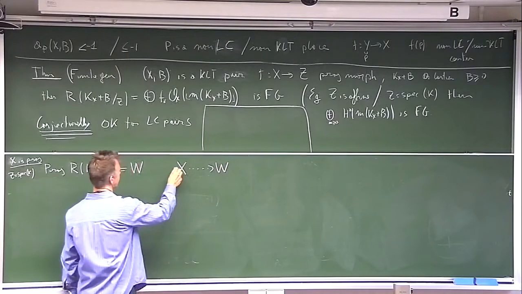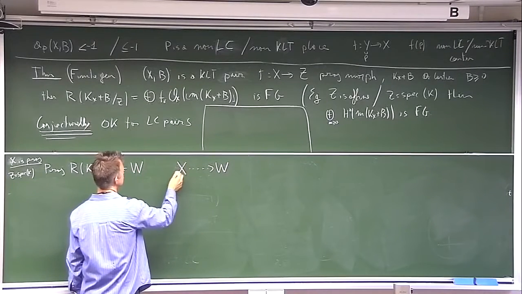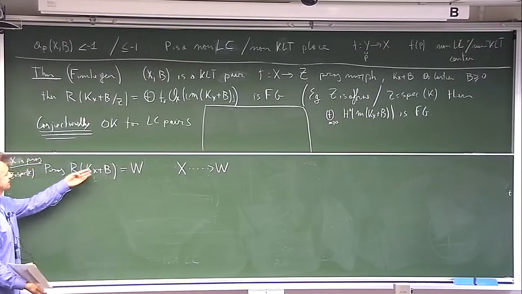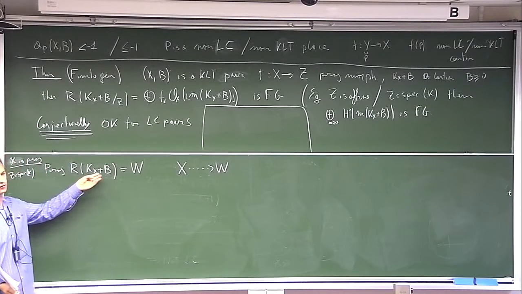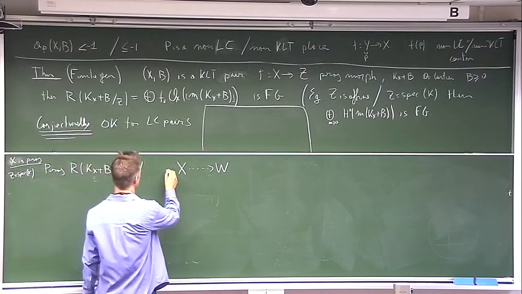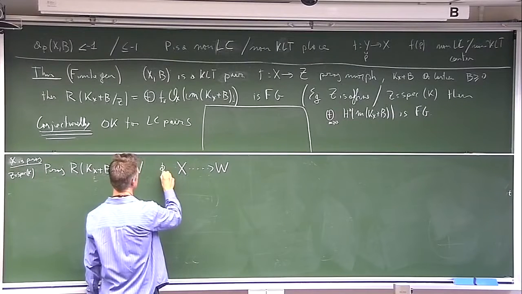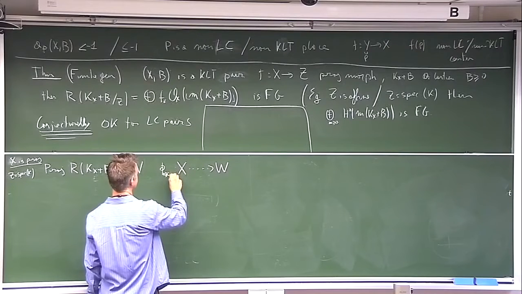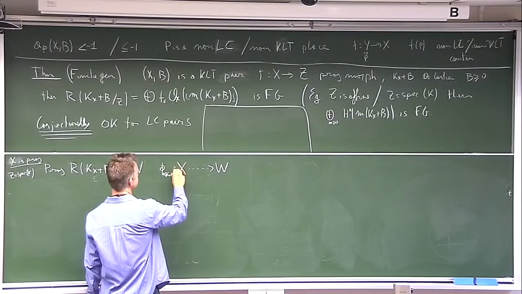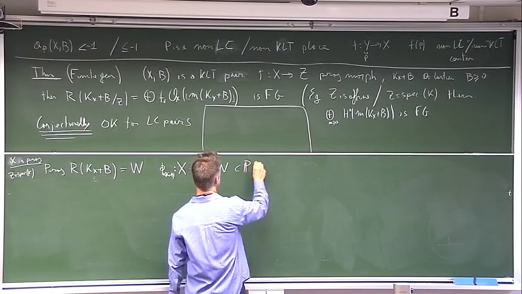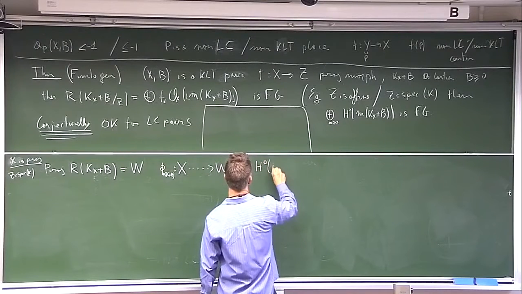This is just defined by sections of a sufficiently high multiple of K_X plus B. So that would probably, in the notation of the previous lecture, be phi of some multiple of K_X plus B. So this is the map defined by the sections.